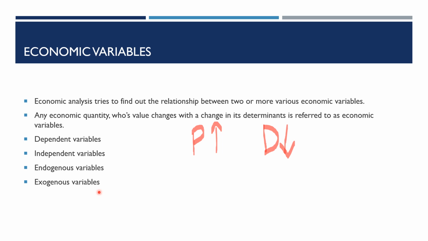So this particular variable will be called an exogenous variable as it is not part of the supply and demand model. But since price is a part of this model, that becomes an endogenous variable. Since international oil price is not a part of this model, that becomes an exogenous variable.